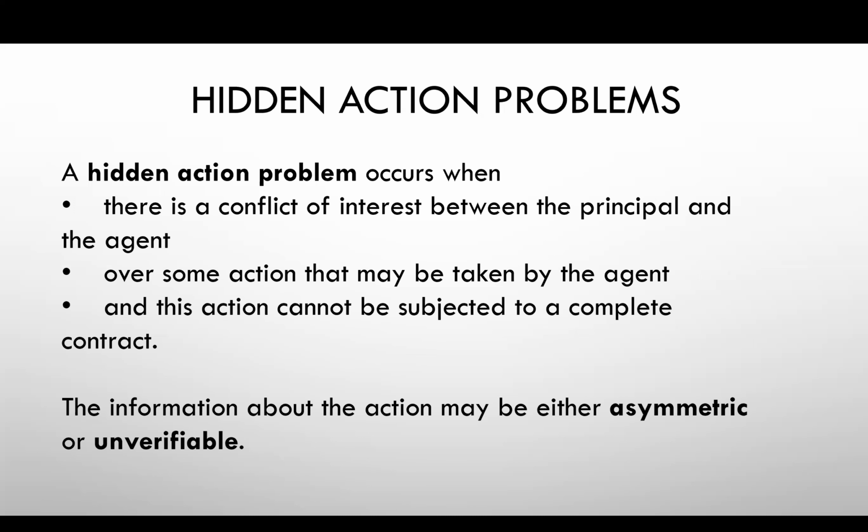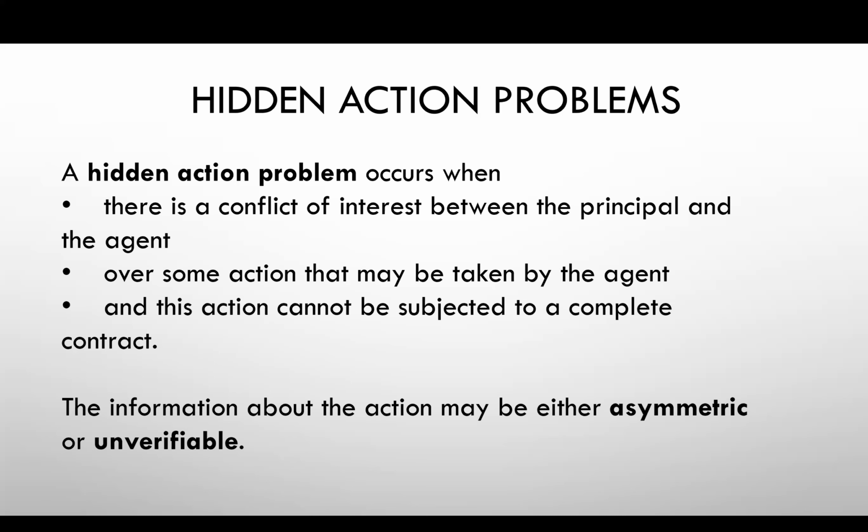A hidden action problem occurs when there is a conflict of interest between the principal and the agent, as in this case, where workers want higher wages and better working conditions, while firms ideally want lower wages and higher output from workers. So there is a conflict of interest over some action that may be taken by the agent, and this action cannot be subjected to a complete contract.